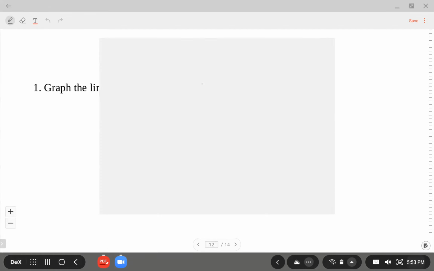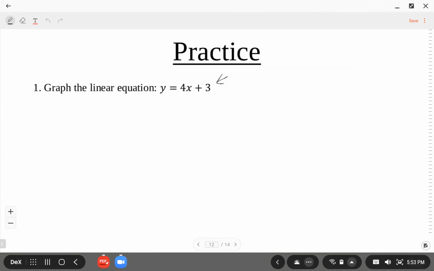Okay, so first, remember, let's find the y-intercept, okay? We have a coordinate graph over here. Y-intercept is 3. 1, 2, 3. Get this point, right? And remember, you have to start from this point, okay? So this kind of is your new origin, okay?